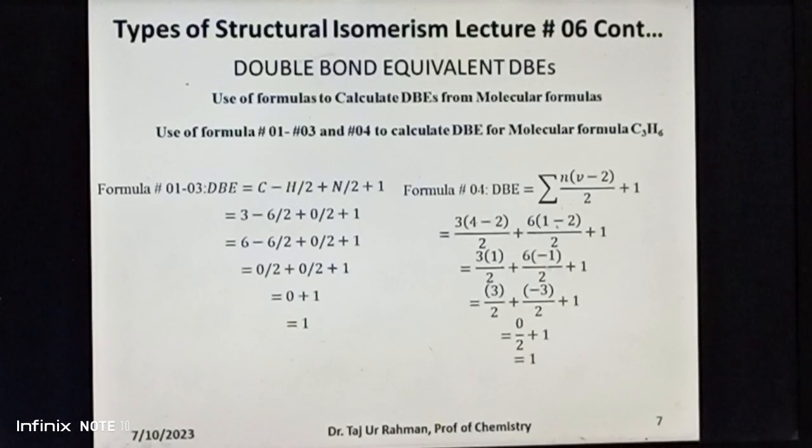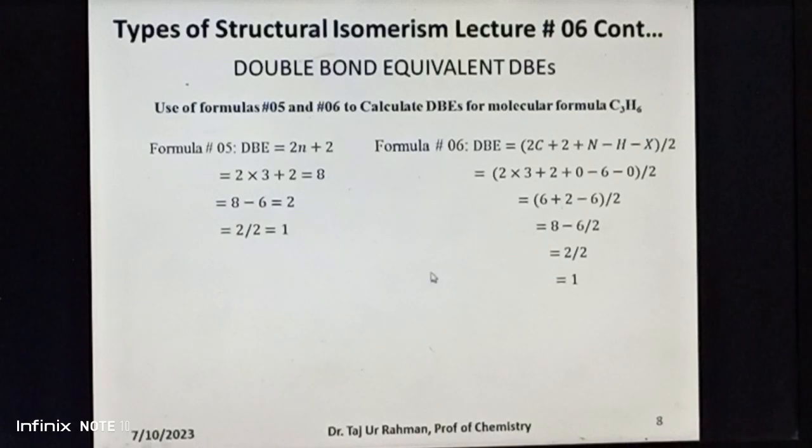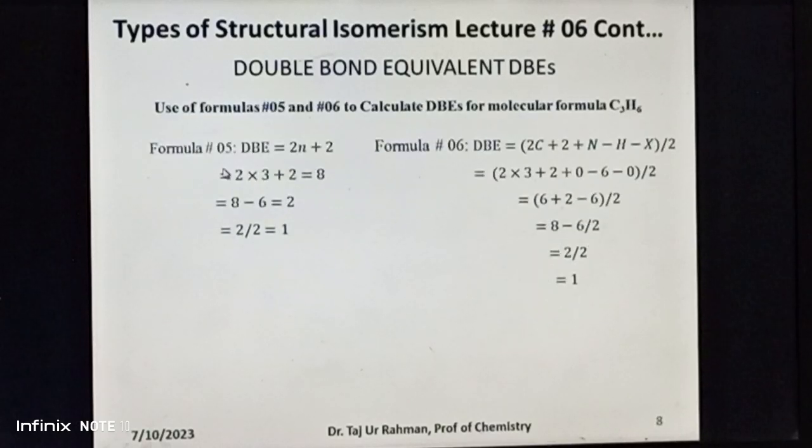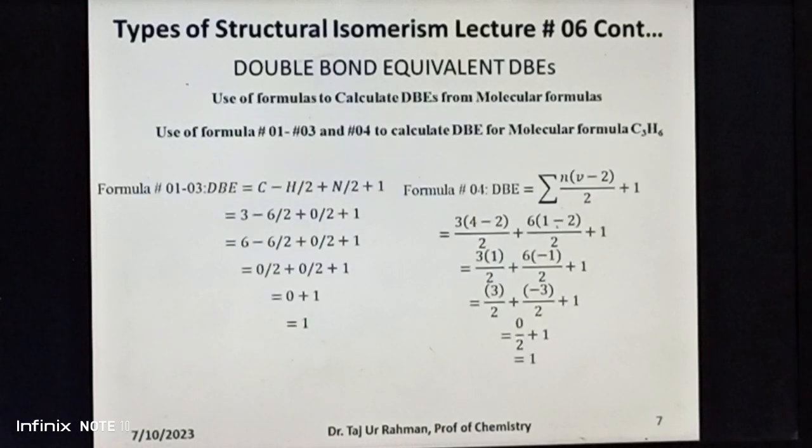Now look at these calculations. From the look of these calculations, we can notice that all the 6 DBE calculation formulas have been applied to calculate the DBE value for molecular formula C3H6. The DBE value calculated for C3H6 is 1.